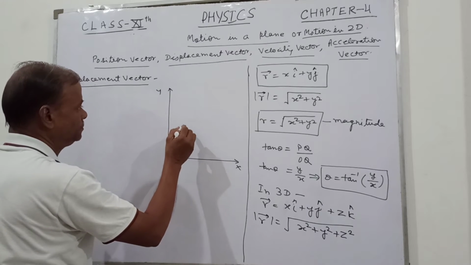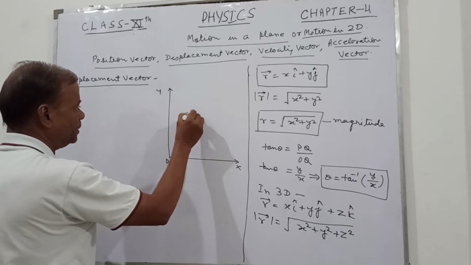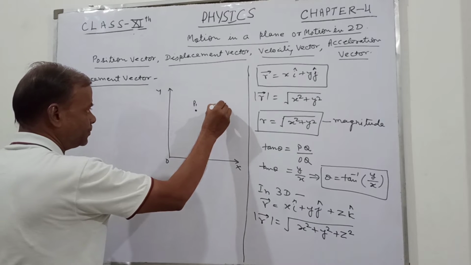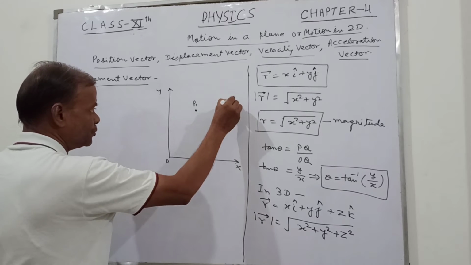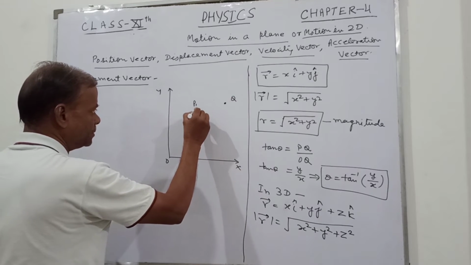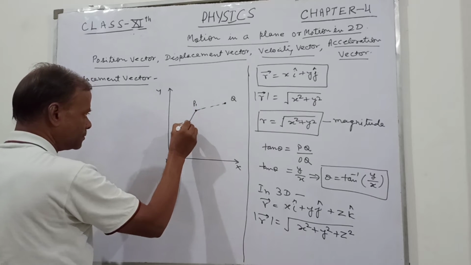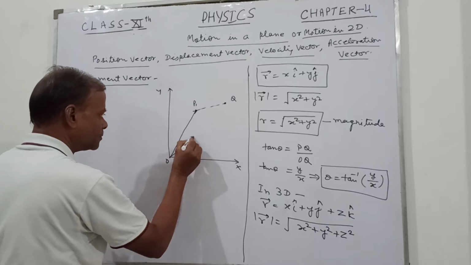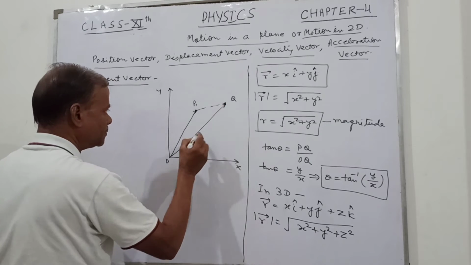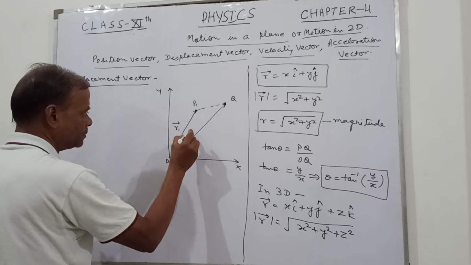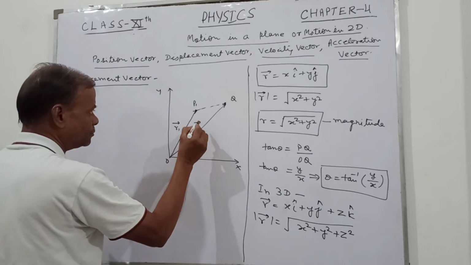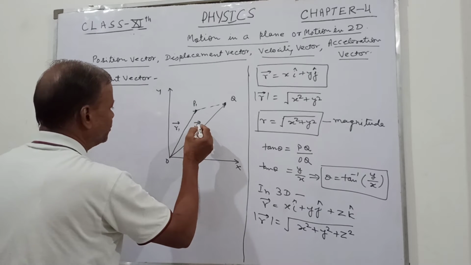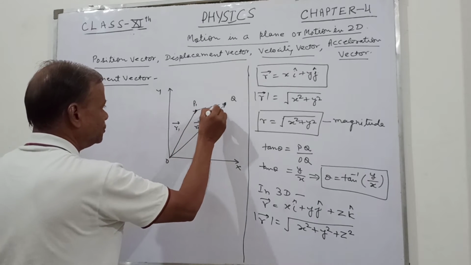Suppose here this is the point P1, and another point here is Q. This is R1 and this is R2, the position vectors that we take.